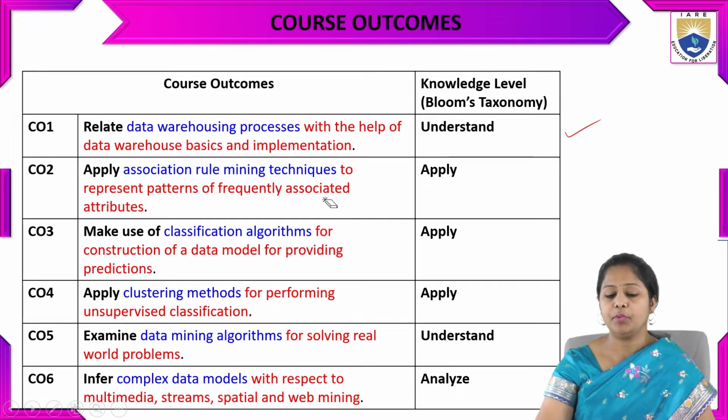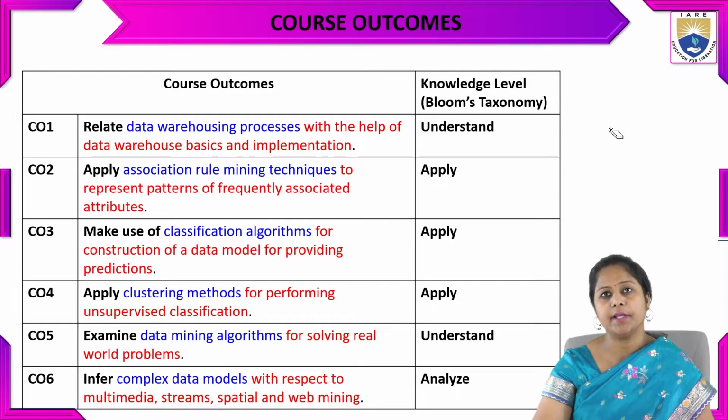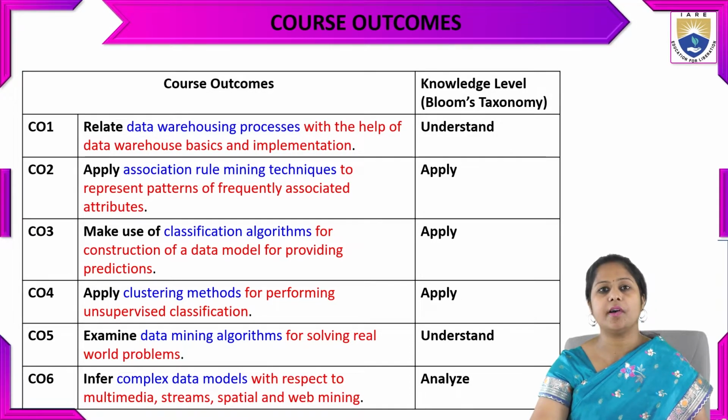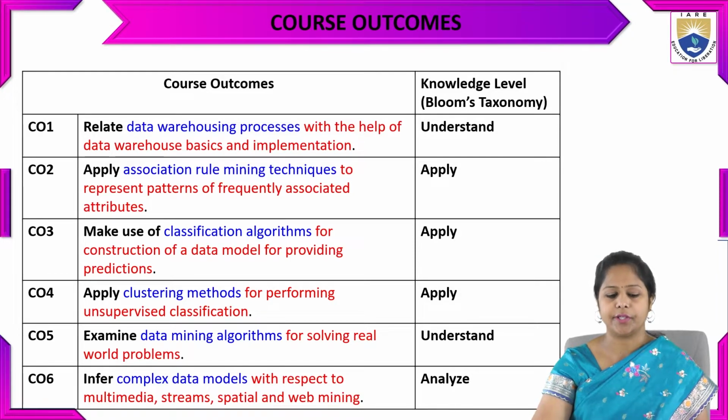So at the knowledge level in Bloom's taxonomy, the student will be able to understand the different data warehouse processes, learn the basics of data warehousing, and how data warehousing is implemented in practice in the industry.